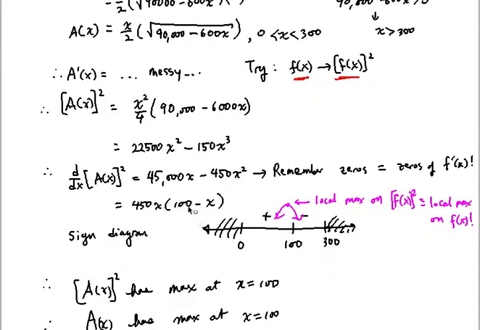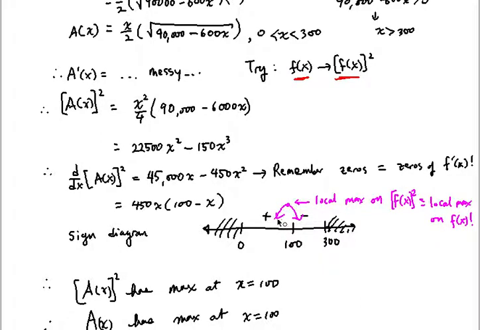My critical point, or my zero, is occurring at x equals 100 or x equals 0, but 0 is not a possible answer, so I just look around 100. I plug in a number that's less than 100, let's say 1. That's going to be positive, that's going to be positive, so that's positive. I plug in a number between 100 and 300, let's say 200. That would be positive, and that would be negative, so we have negative there.